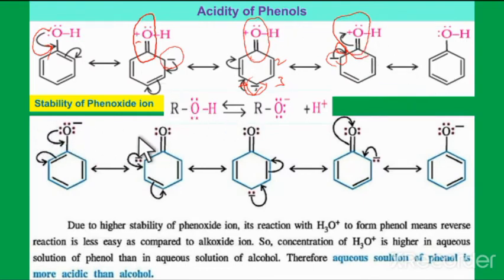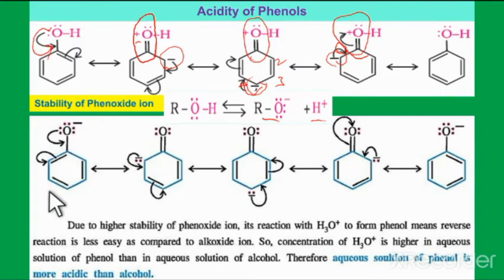Next, the stability of the phenoxide ion. When the alcohol undergoes removal of the proton, it gives the alkoxide ion and releases the proton. And the phenol, which releases the proton, gives the phenoxide ion.